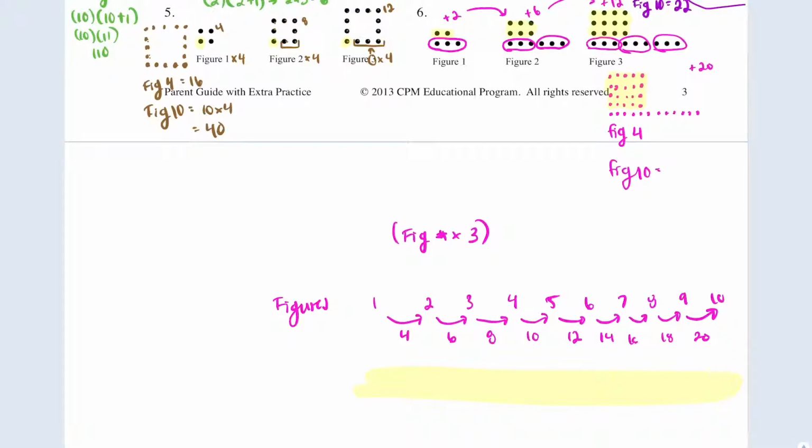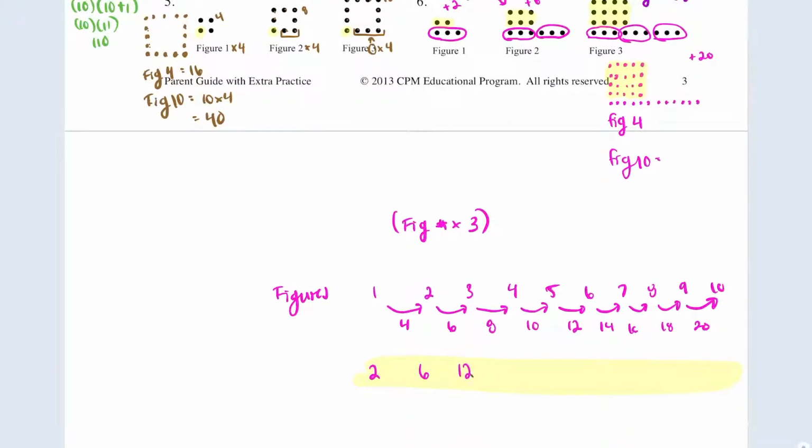So in figure 1, I added a total of 2 dots to that baseline. Okay. In figure 2, I added 6. Right. In figure 3, I added 12 dots. So if I were making some sort of table here, this is where I would draw my lines to make it a little bit more organized. In figure 4, I added 20 dots.